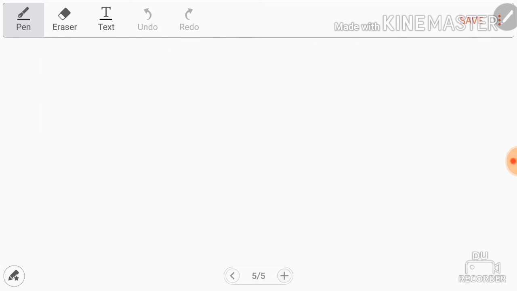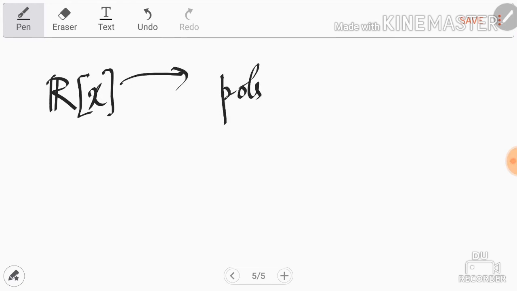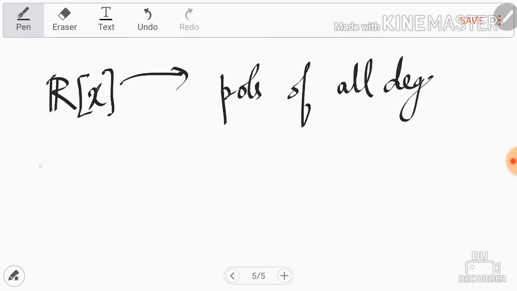Okay, now let's talk about R[x], the set of all polynomials. This contains polynomials of all degrees. But what if we restrict the degrees of the polynomials?